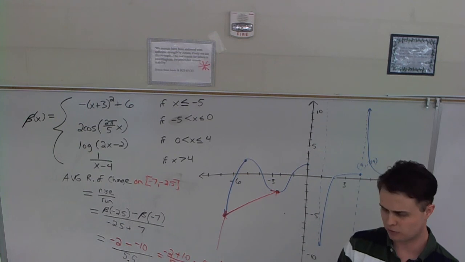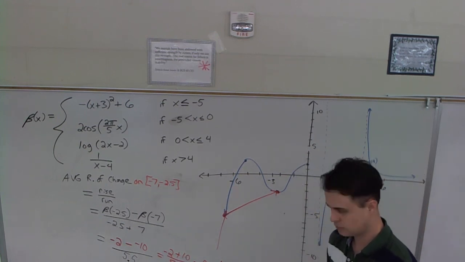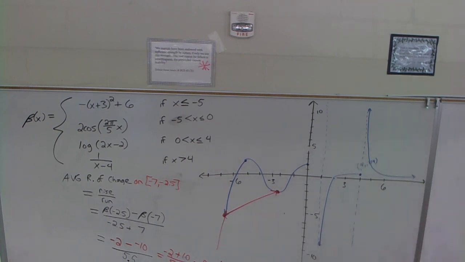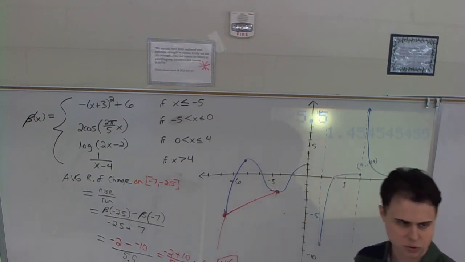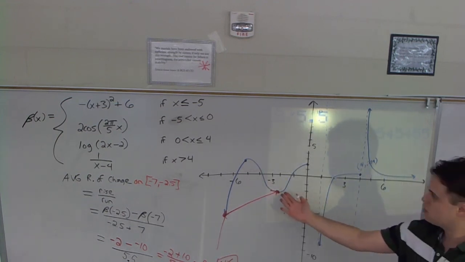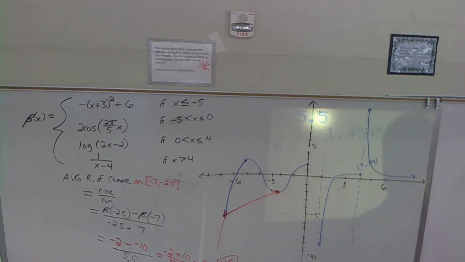What is 8 divided by 5.5? 1.45. There's Nick's 1.45, and that's positive, and that kind of looks like a slope of 1 to me, so it looks good. Okay, so there you go. That's it for that one.